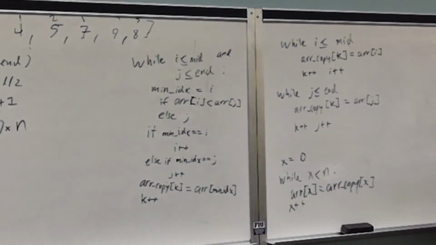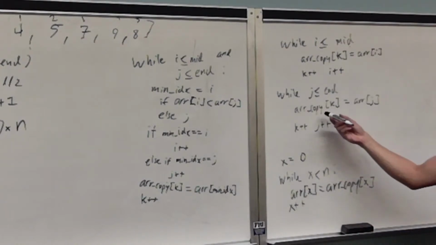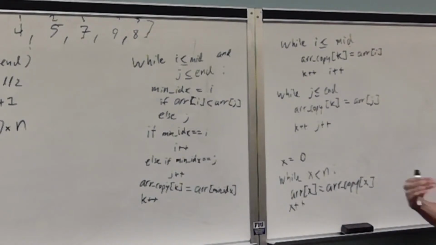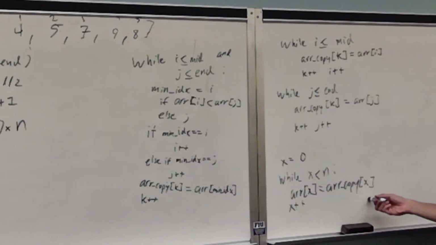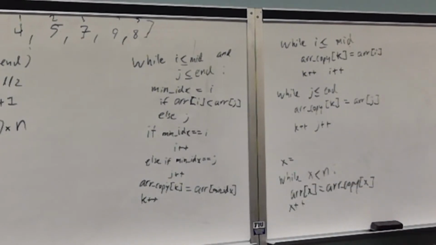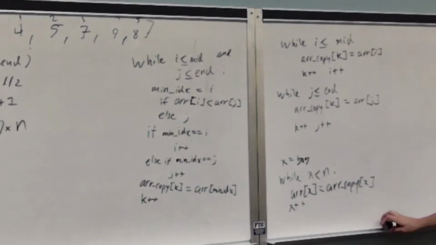All right, so what's happening here? Basically, the size of the array copy and the size of the original array we're working on are the same. So we just say array x equals array copy x. Well, actually, now that I think about it, this has to be beginning.